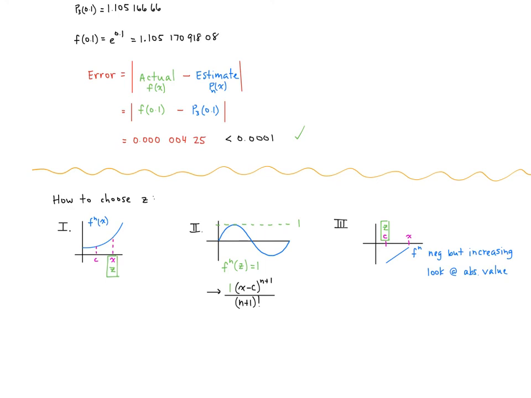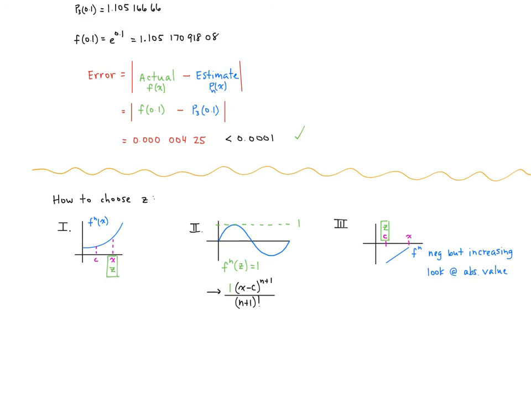If we're dealing with sine or cosine, so an oscillating function here, it doesn't necessarily matter what the interval is; the highest we're ever going to be is 1 for cosine or sine. So the nth derivative at z is going to be 1. So that maximum value, that coefficient, is just 1 times the rest of our formula, x minus c to the n plus 1 over n plus 1 factorial.